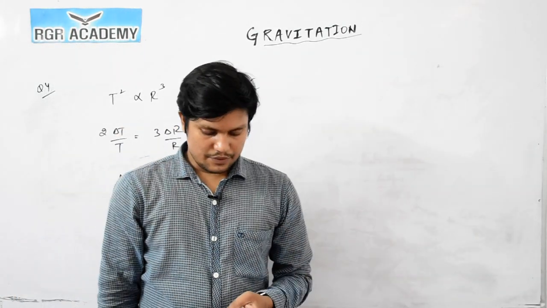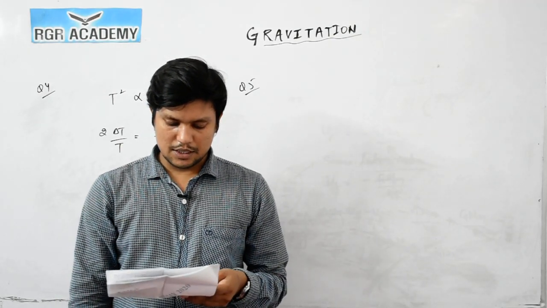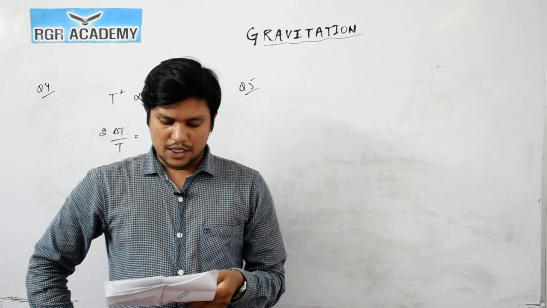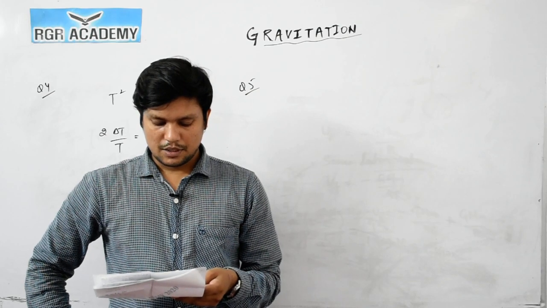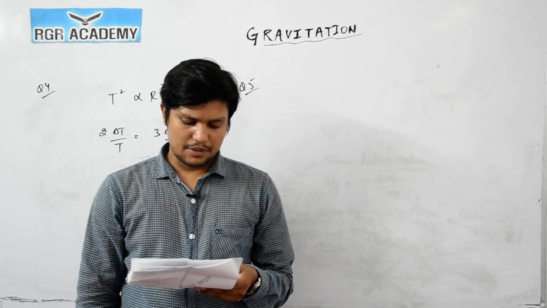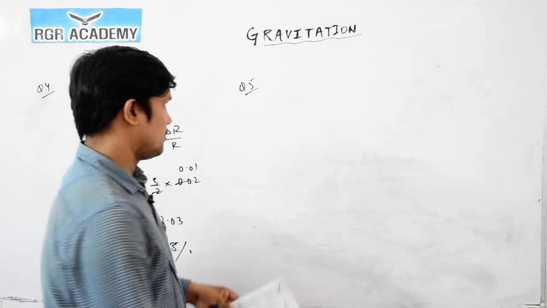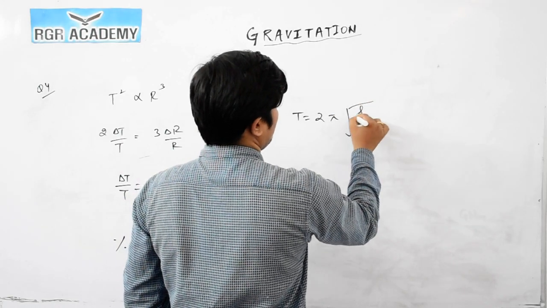In question number 5, the pendulum clock is said to give correct time at sea level. This clock is moved to a hill station at an altitude of 2500 meters above sea level. In order to keep correct time at the hill station, the length of the pendulum should be changed. We know that the time period of a pendulum clock is given by 2 pi under root of L by g.